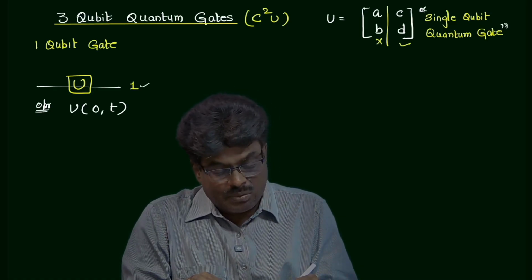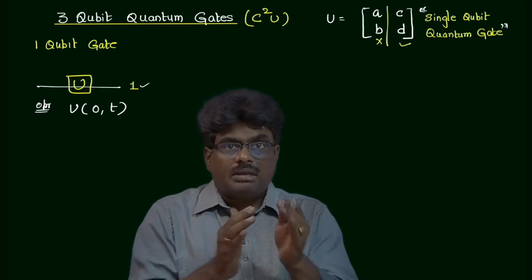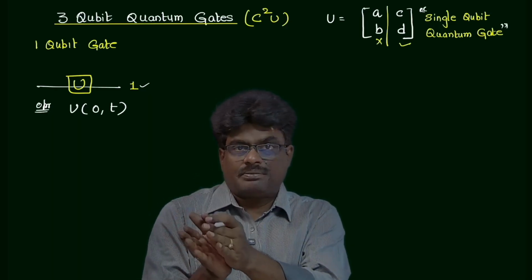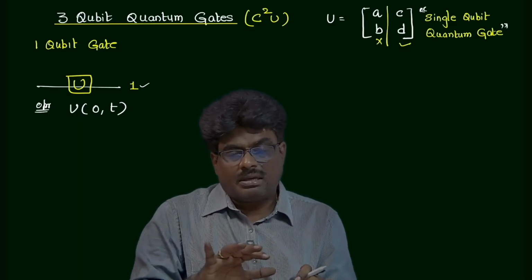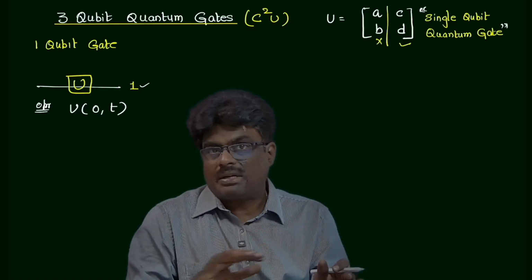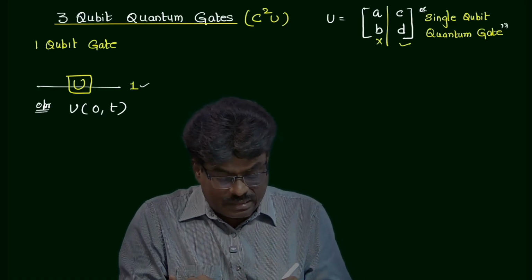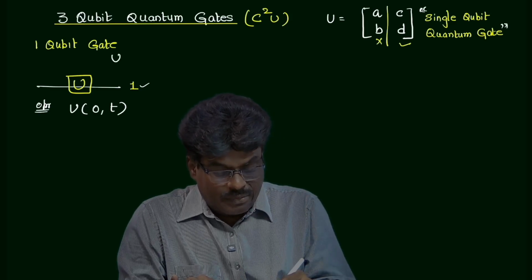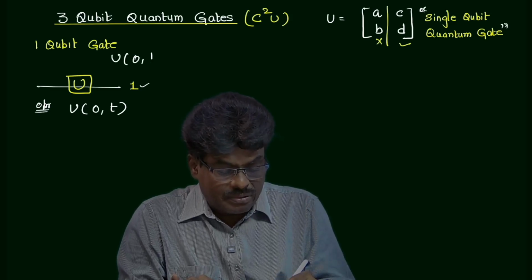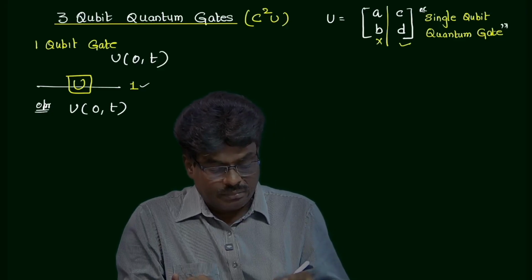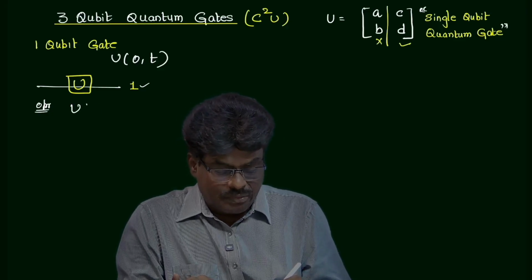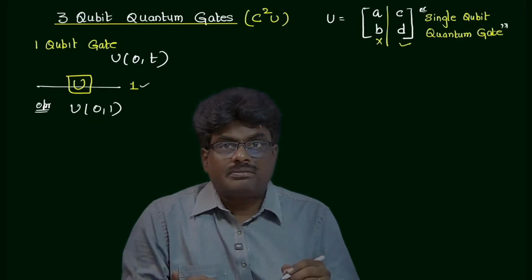Here the target is 1 because that U is operating on that. That's why I have written it in the form 0 comma t. So in this example, we will write it as U of 0 comma 1.